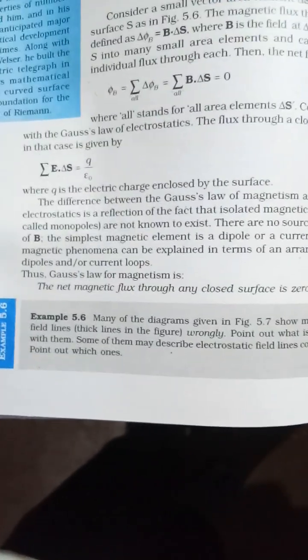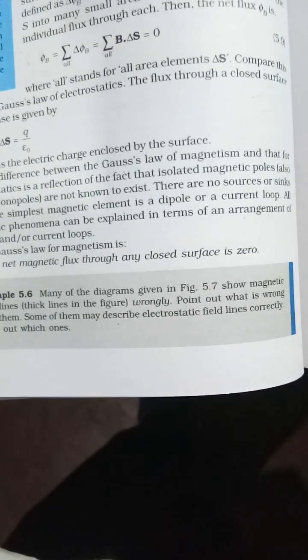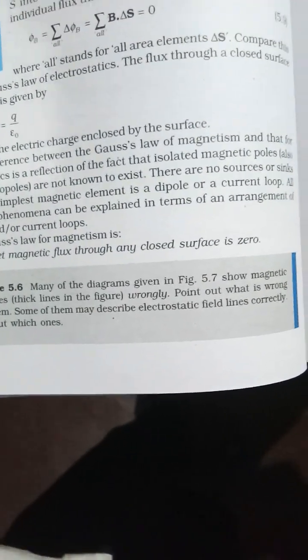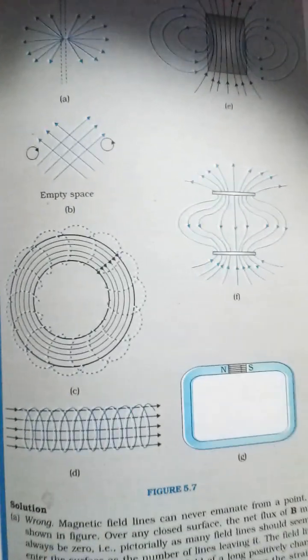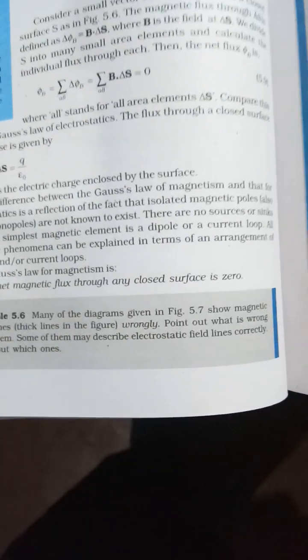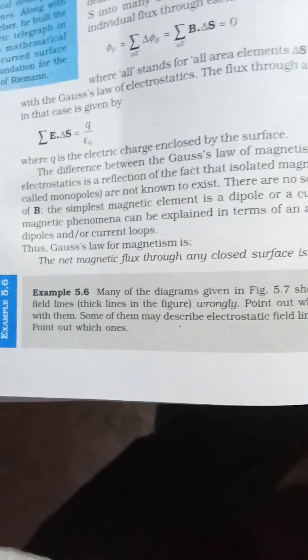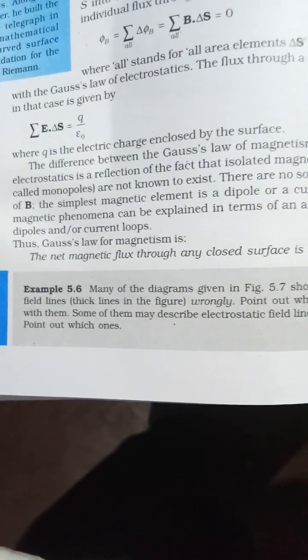Here you will see example 5.6. Many of the diagrams given in figure 5.7 show magnetic field lines, and some of them are drawn wrongly.